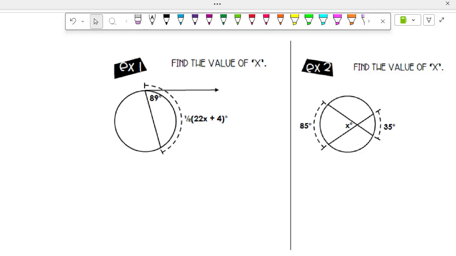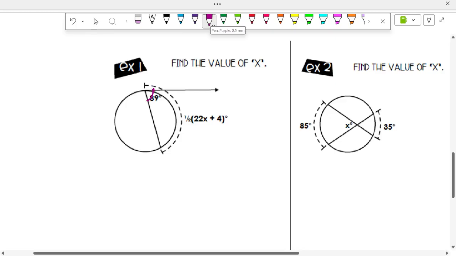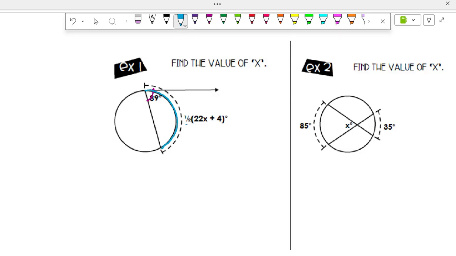So it says to find the value of x given this scenario. So they're saying that this angle is 89 degrees. And that this arc is equal to this expression. So we kind of already did this with an inscribed angle. Can't I already figure out what the measure of the arc is without actually having to solve for x?